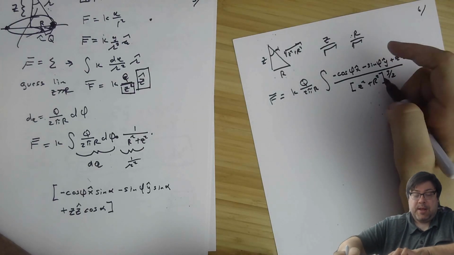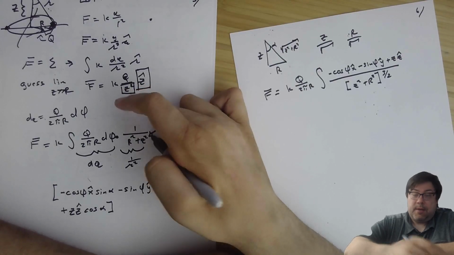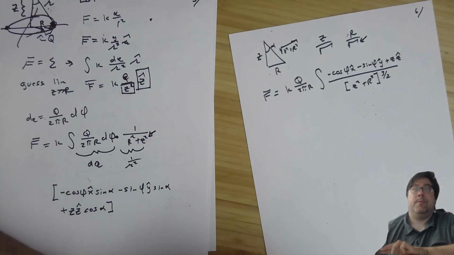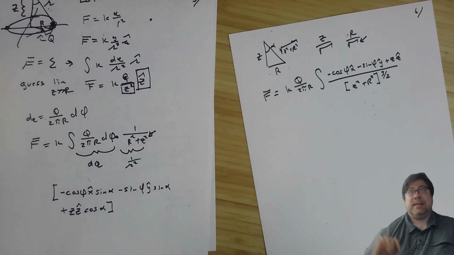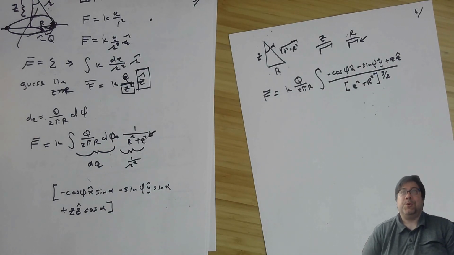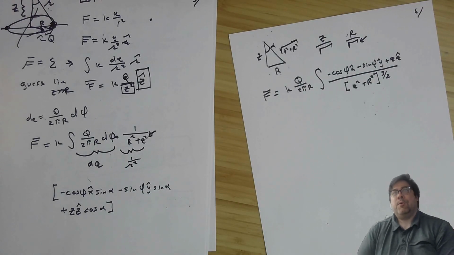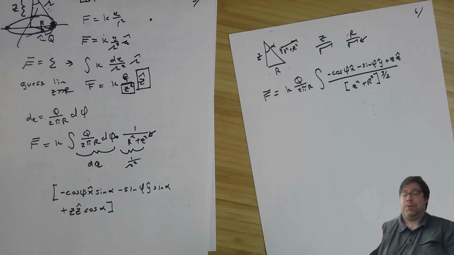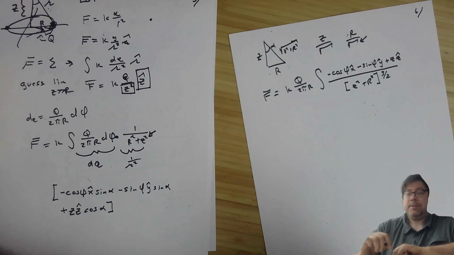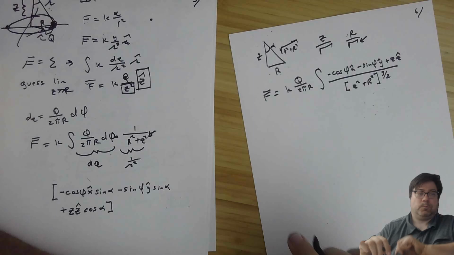And this 3 halves comes from this guy times this guy. So z squared plus r squared is to the 2 halves, and then the square root is another half, so 1 half plus 2 halves is 3 halves. And so this is our solution.